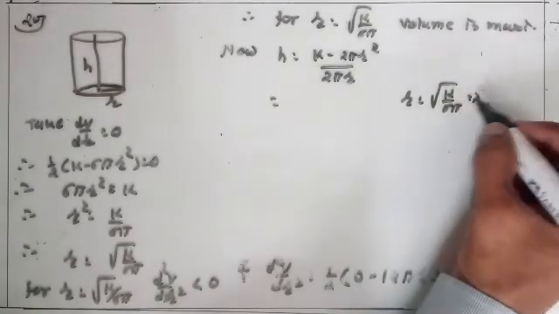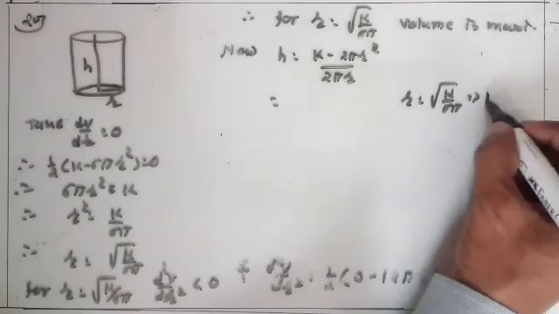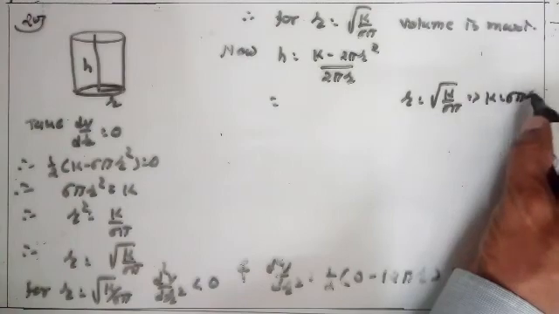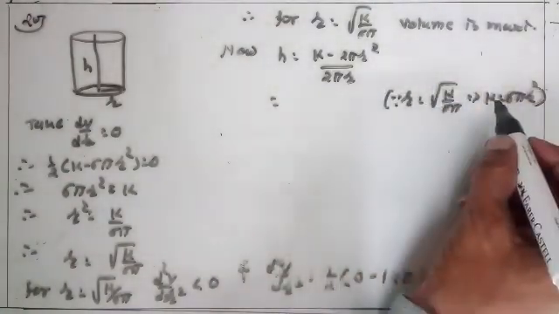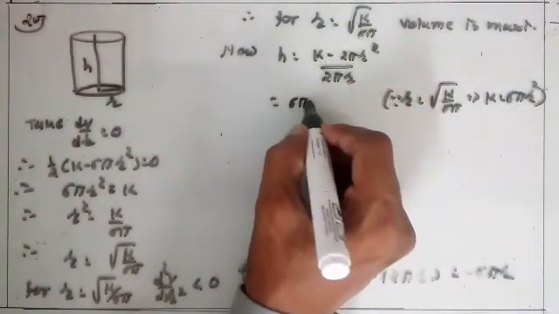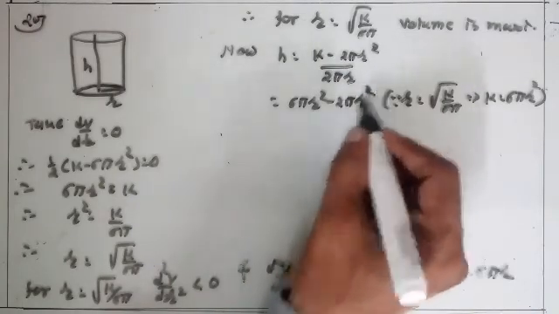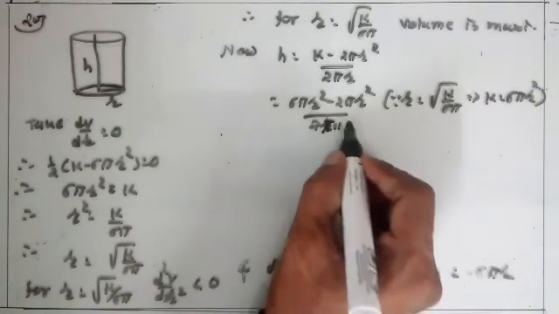This implies, applying square on both sides, r square is equal to k upon 6 pi. So k is equal to 6 pi r square. Replace here. So 6 pi r square minus 2 pi r square upon 2 pi r.